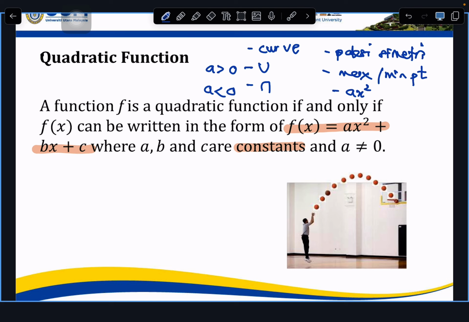Alright, so the axis of symmetry here. What is the axis of symmetry? Correct. What is the axis of symmetry? Okay, line. Yes. What is the purpose of the axis of symmetry? Yes, somebody said lipat here. Correct, lipat.